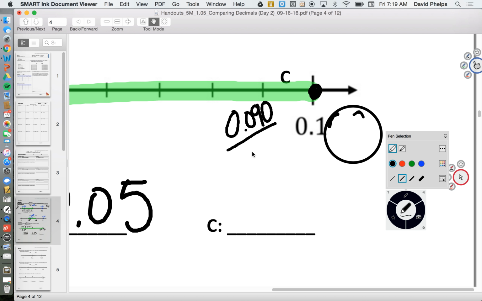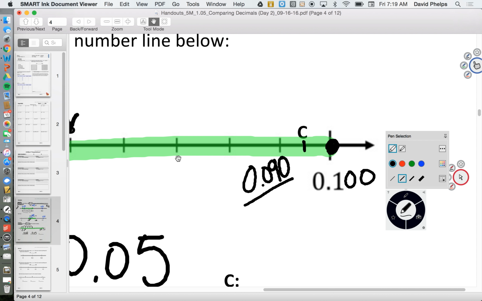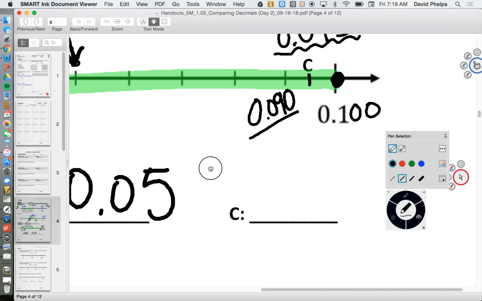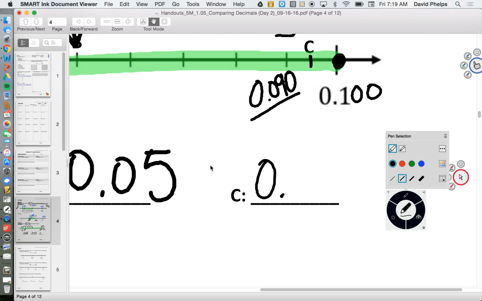So now I'm thinking, well, what's between 90 thousandths and 100 thousandths? Right in between here would be 0 and 95 thousandths. Because 95 is between 90 and 100, right in the middle of 90 and 100. So C is worth 0 and 95 thousandths.